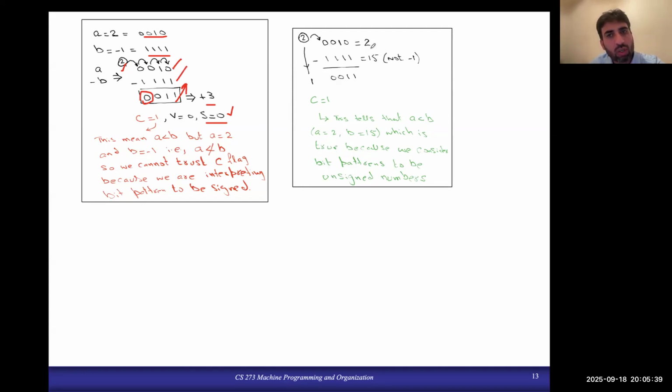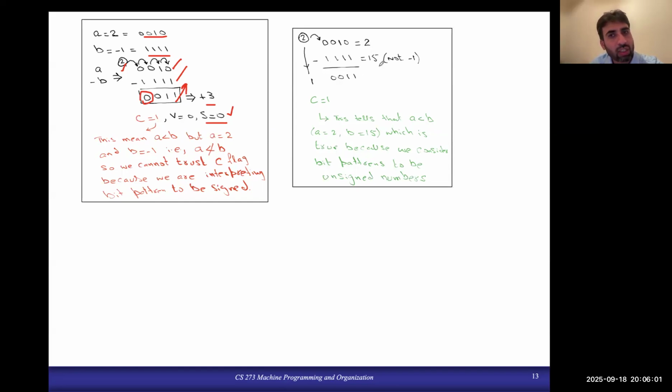So 0010 is 2 and all four 1s is 15, not -1, because the most significant bit doesn't have a negative weight. So you have 15, and now when you do the math, you come up with the result of 0011 in binary.